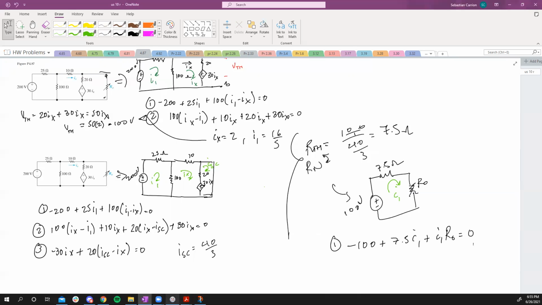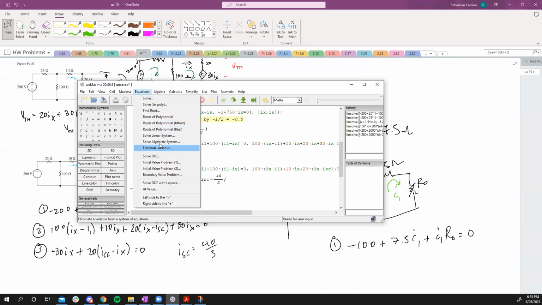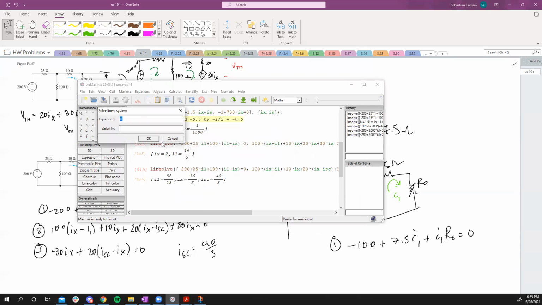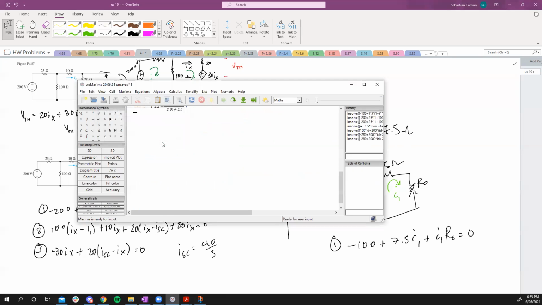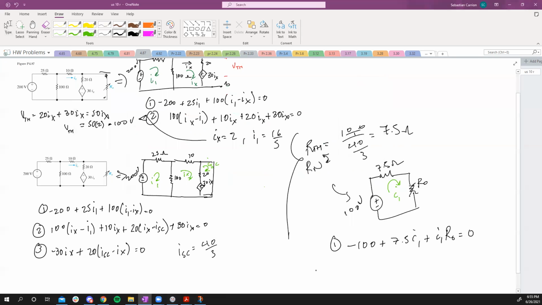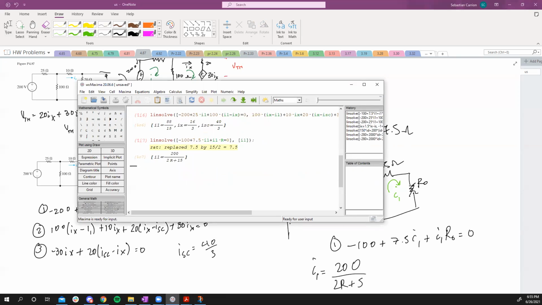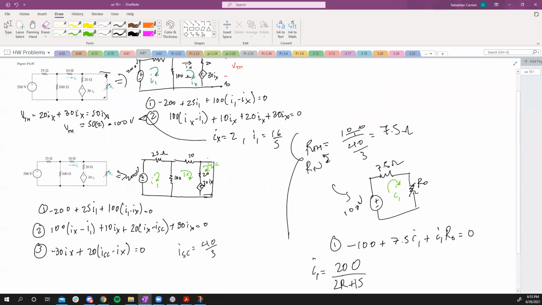So I'm going to plug this into Maxima. With one equation, it's negative 100 plus 7.5 times I1 plus I1 times R equals 0. Then we want to find what I1 is. So I1 gives us this value: 200 over 2R plus 15.